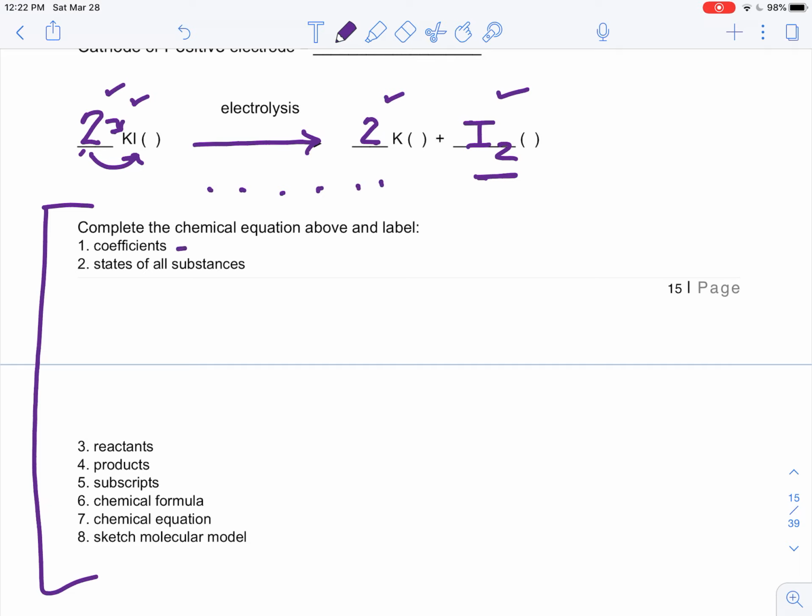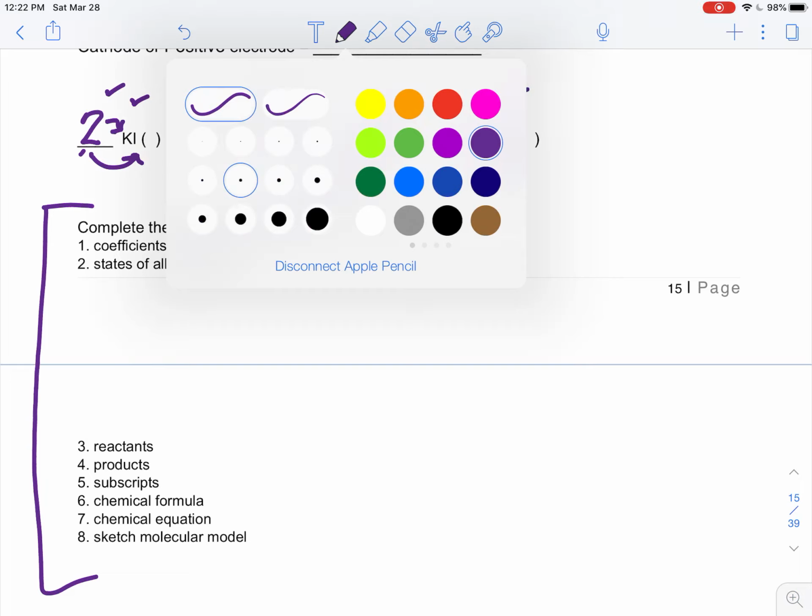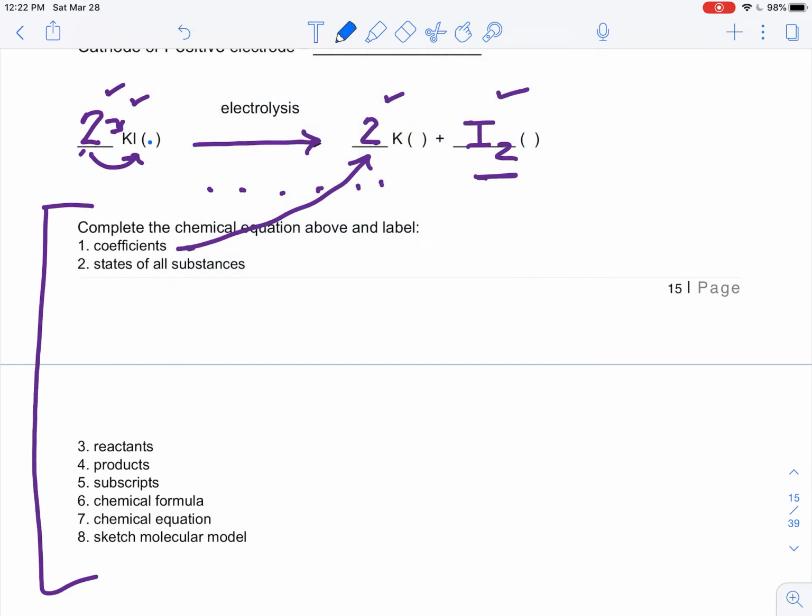The word coefficient is the number that you've put in front to balance your equation. The states are those that you can put into the boxes below or beside your elements or compounds.